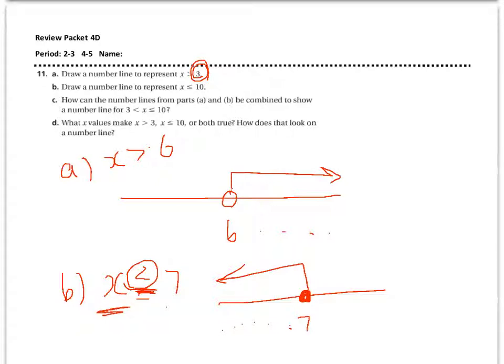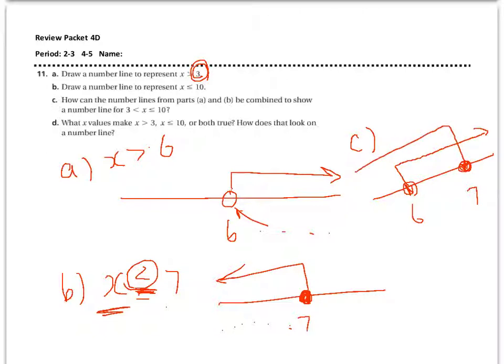Okay, so you combine those two. Part C, for my example, I'm not going to use that because that's your problem. My example will be: here's my 6, here's my 7. I use an open circle for 6 and go to the right side, and then I use the closed circle for 7 and go to the left side.